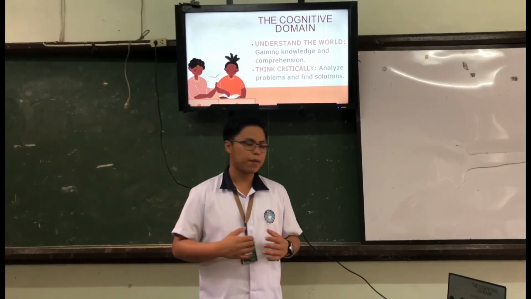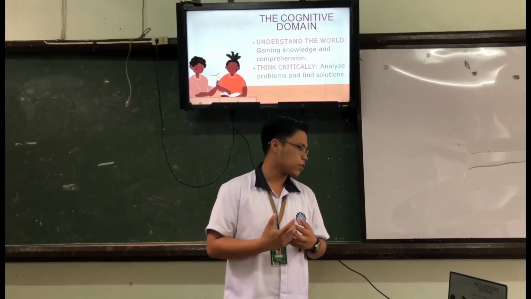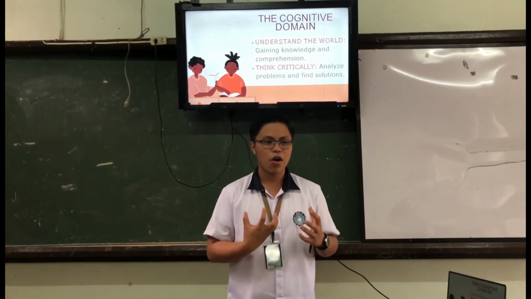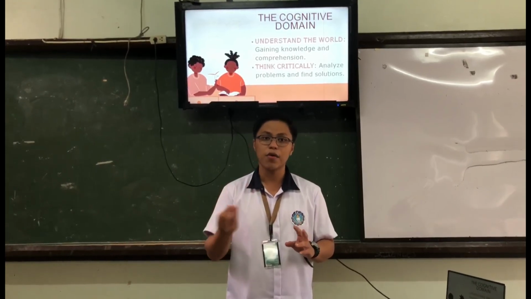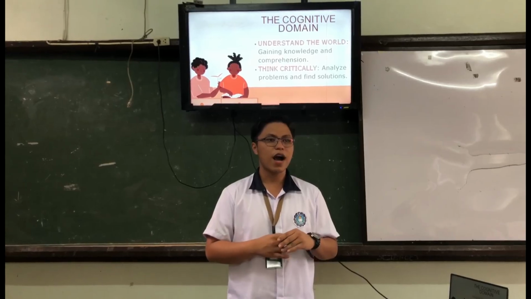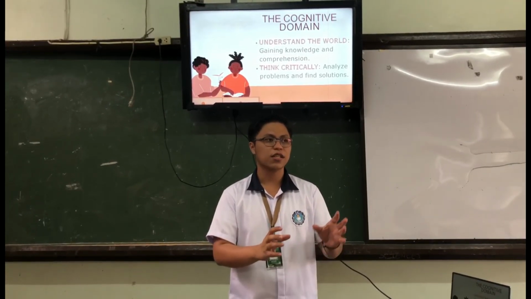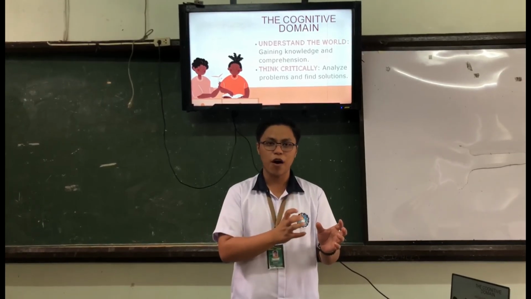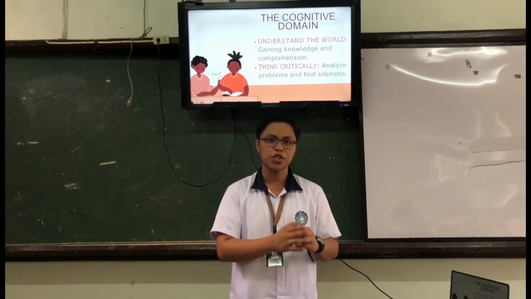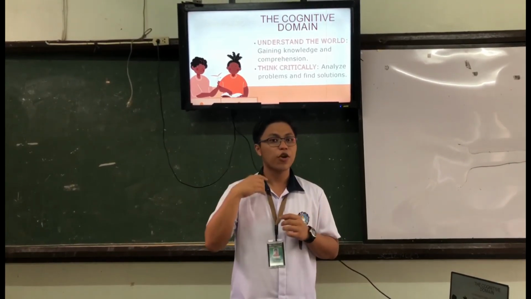The last domain would be the cognitive domain, which implies that children start to gain knowledge. They start to comprehend through their senses how things in the world actually take place. For example, a particular child starts to explore things such as touching a hot mug full of coffee, and with that comprehension that this cup of coffee is hot, they have developed critical thinking.